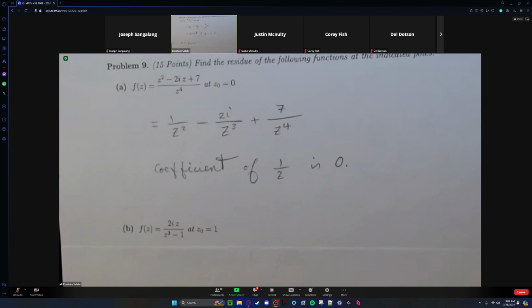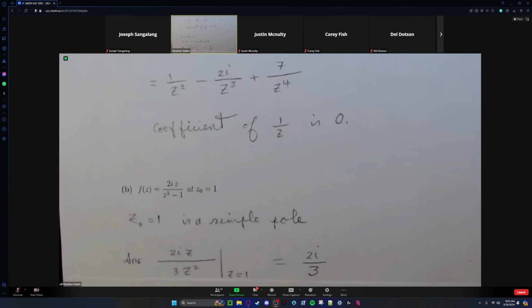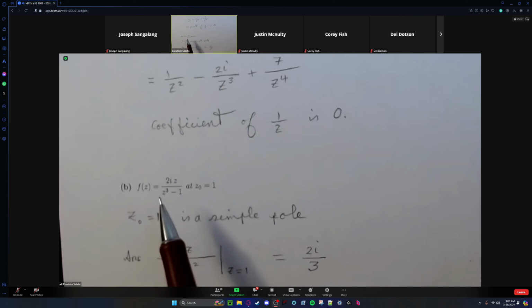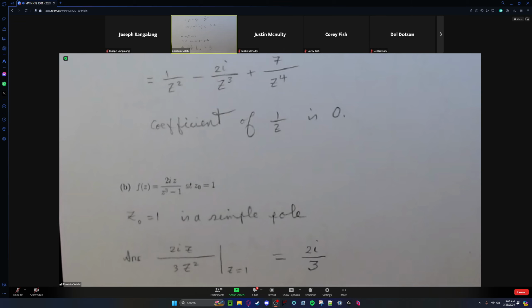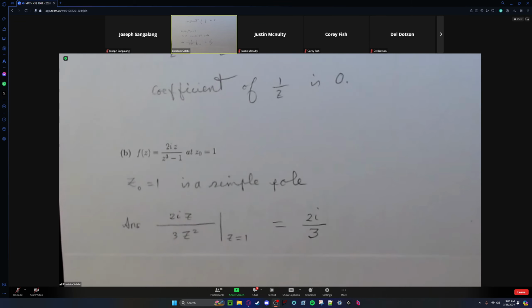It is a simple pole. And when you have simple pole, you can use that 2a or 2b. And here, using 2b, it will be numerator divided by derivative of denominator, evaluated at 1. That's what you get. Okay?